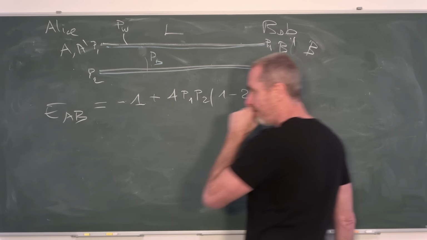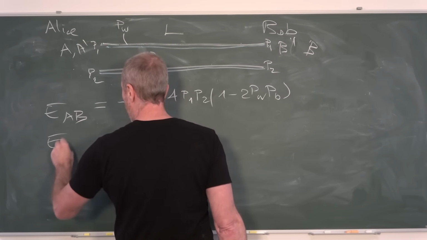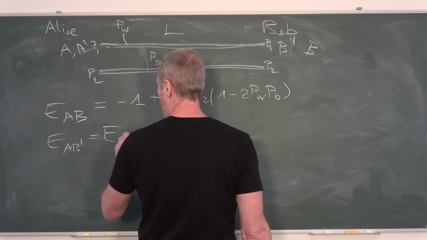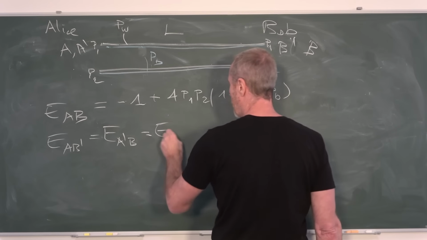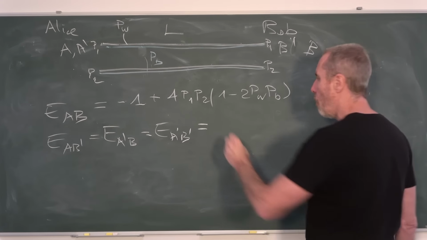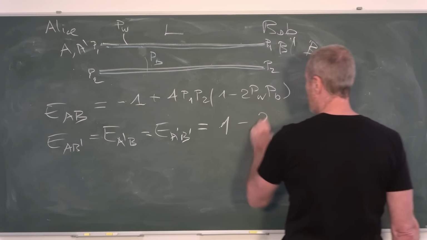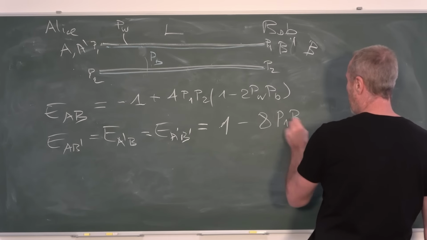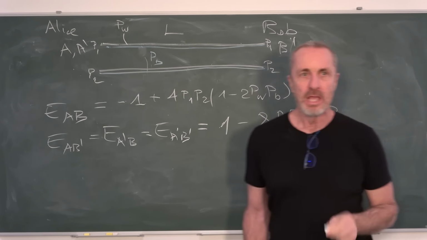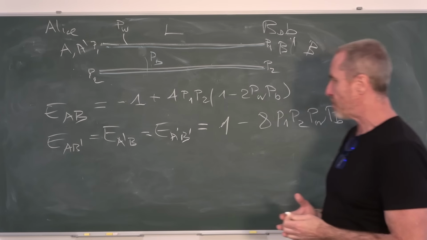This is the expression. And the other correlation functions are all the same, and they are given by 1 minus 8 P1 P2 P white P blue.